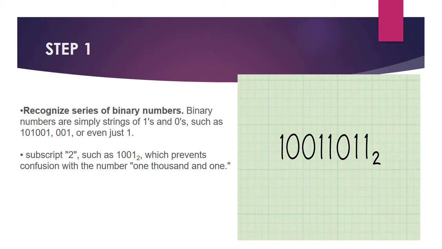However, some books and teachers further denote binary numbers through a subscript, that is base 2, such as 101 to the base 2, which avoids confusion with the number 1001. 1001 could be a decimal number, but when we represent a binary number we give the base 2 so that there is no confusion. Like over here also I have given.